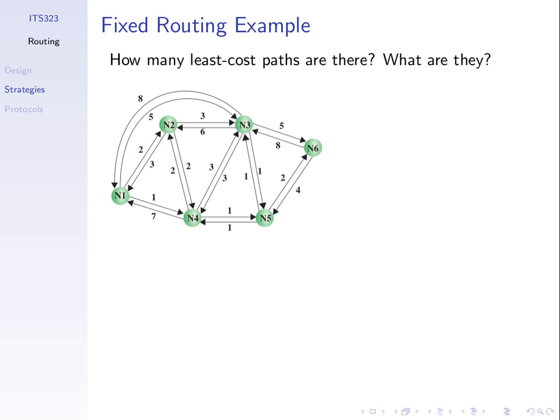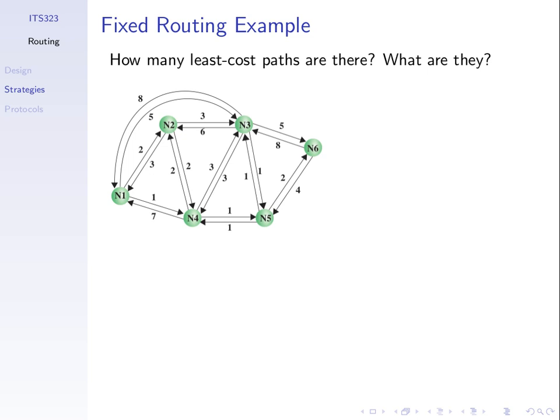Similar, it's not so good a diagram, node 6 stores this information. Node 4, we've only drawn one of them. And how it works, if node 6 wants to send a packet to node 1, this tells us send to node 5, because that's the next node in the least cost path. Node 5 receives the packet, destination node 1.